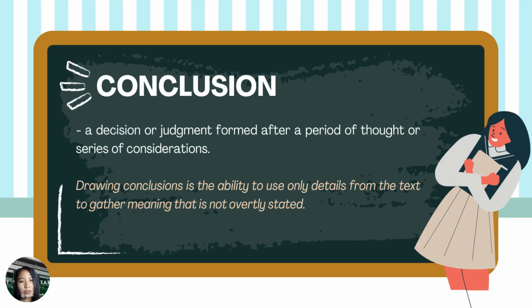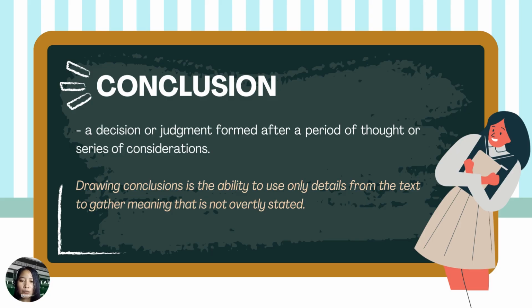All right, when we talk about conclusion, it refers to a decision or judgment formed after a period of thought or series of considerations. So if generalization is coming up with a broad idea about a particular group or things, conclusions are simply providing your judgment or analysis, things that are not present in the text, based on what you previously know and what you know about the context.